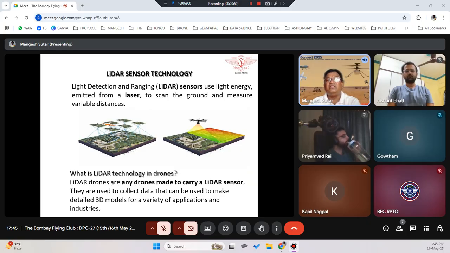Using lidar images, you create a detailed 3D model for a variety of applications and industries. Depending upon your requirement, this is mostly used in land surveying, civil work, or even urban planning. For all those requirements you will be using this type of drone or payload.